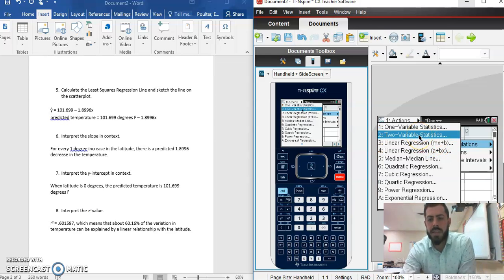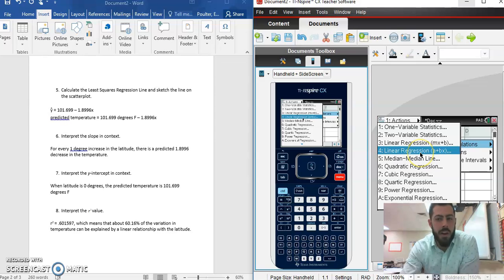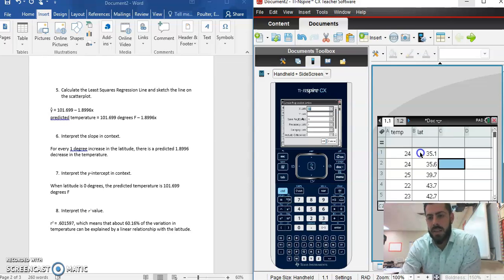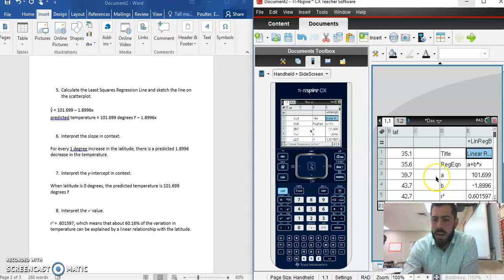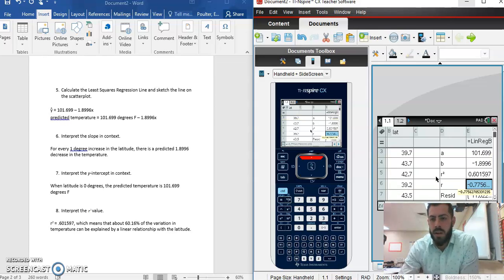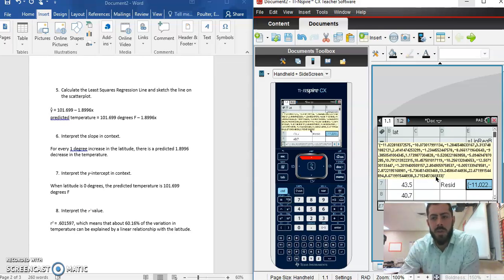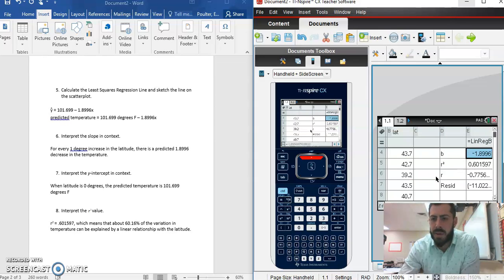Instead of two-variable statistics this time, we can run a linear regression, and it can show us the data here instead. So again, we can pick our x-list as our latitude and our y-list as our temperature, and hit OK, and it'll tell us, okay, there's your y-intercept, there's your slope, there's the r squared. It also gives you the r. It also gives you all of the residuals, which we'll get to in a little bit. That's a very convoluted thing, but that's about it. So there you go, very easy.